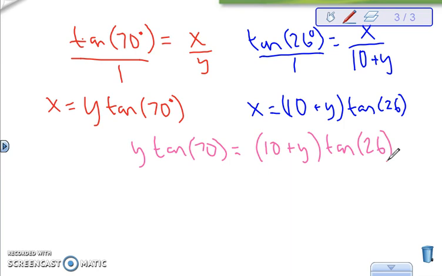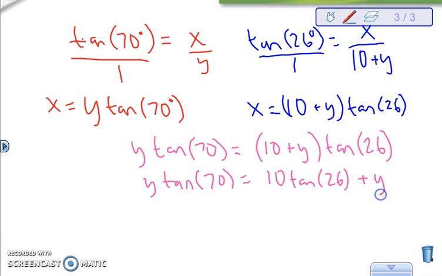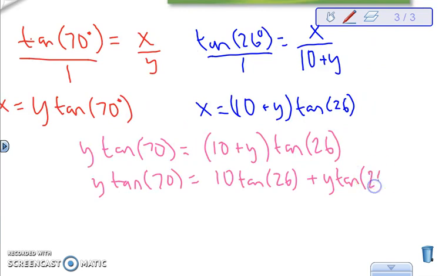So now we solve it like an equation. If you are more comfortable working with this in decimals, you can definitely type out that tan 70 and that tan 26 to get a decimal. But we're going to work this out leaving the tangents the way they are until the very end so we get an exact answer. So right now what I'm doing is I'm just distributing the tangent 26. Remember that tangent 26 is just some sort of weird decimal.